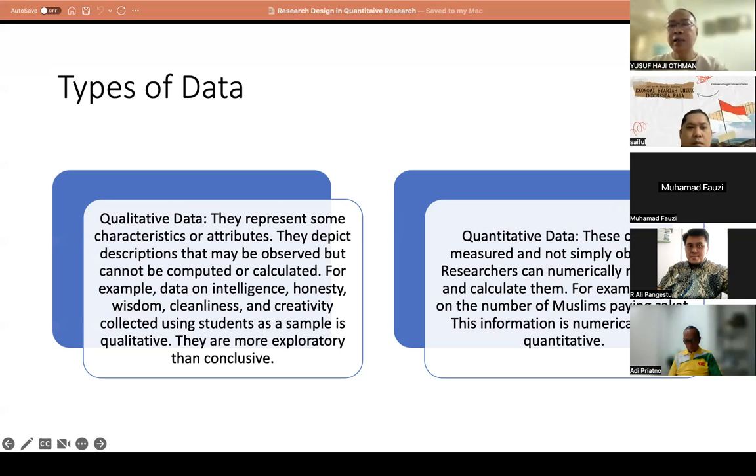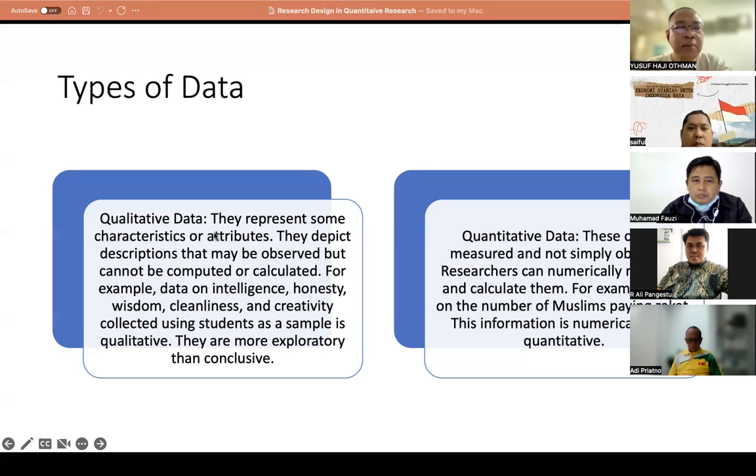But like I said, the data is something to answer the research questions and to achieve the research objectives, something that we control. So what kind of data that we need depends on how we write our research questions and research objectives. Yeah? So there are two types of data. One is qualitative.